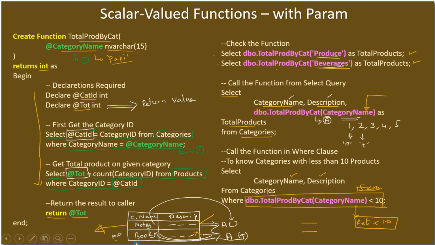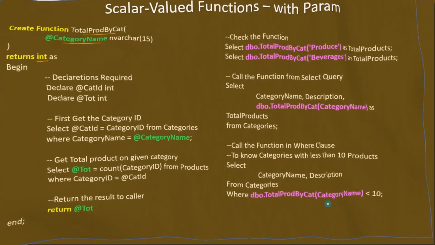Likewise, each record is tested against the where condition. I mean, each row is tested against this where condition to decide whether the specific record qualifies for the selection filter, right? So the record will be filtered based on this function call here. Now let's go to the demo.